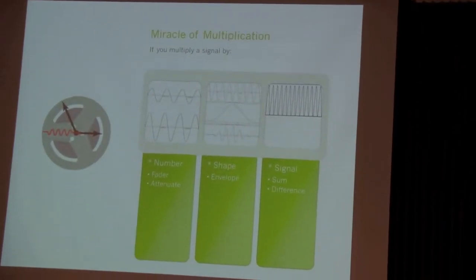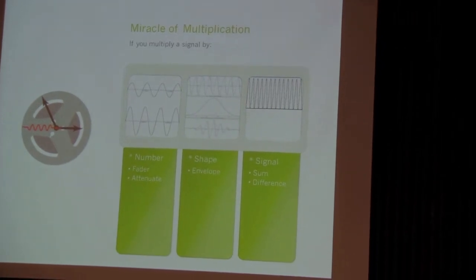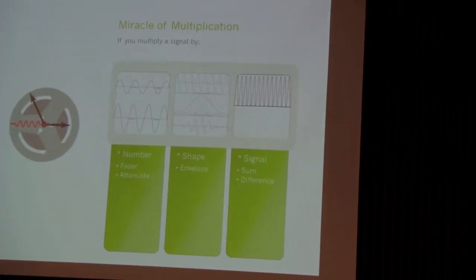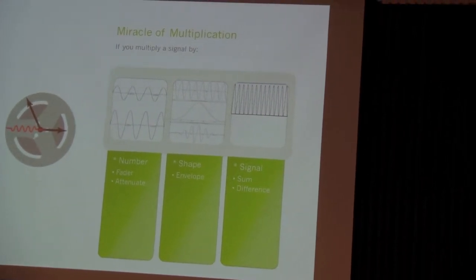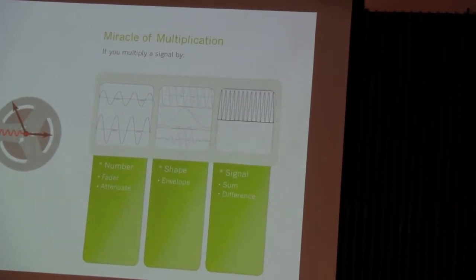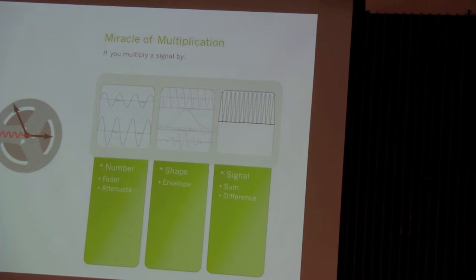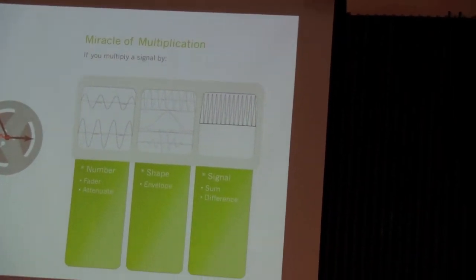So when it comes to audio, multiplication is almost like this miracle operator. You can do all kinds of things with it. If you want an attenuator, you can just multiply by a constant or a control. When your control is 0, you get 0. When your control is 1, you get the signal straight through.